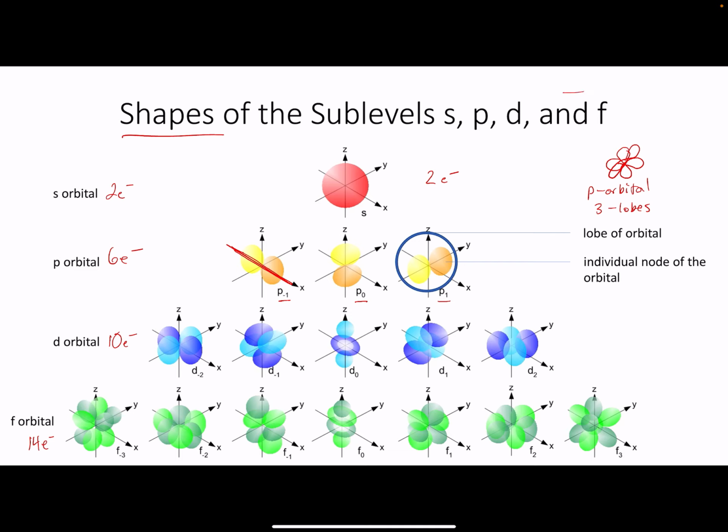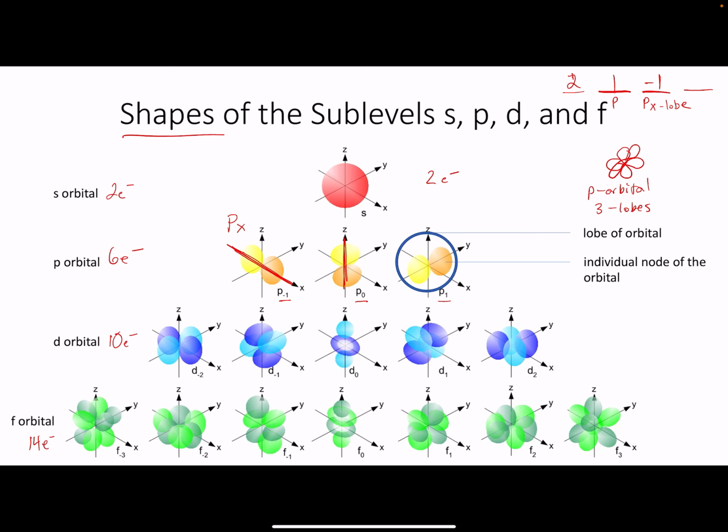Remember, these are 4 numbers that describe the electron. Let's say it's just 2, 1, and -1. So this number tells us it's in the p orbital, and the third number tells us it's along the x plane, so we say it's in the px lobe. So this is called px.